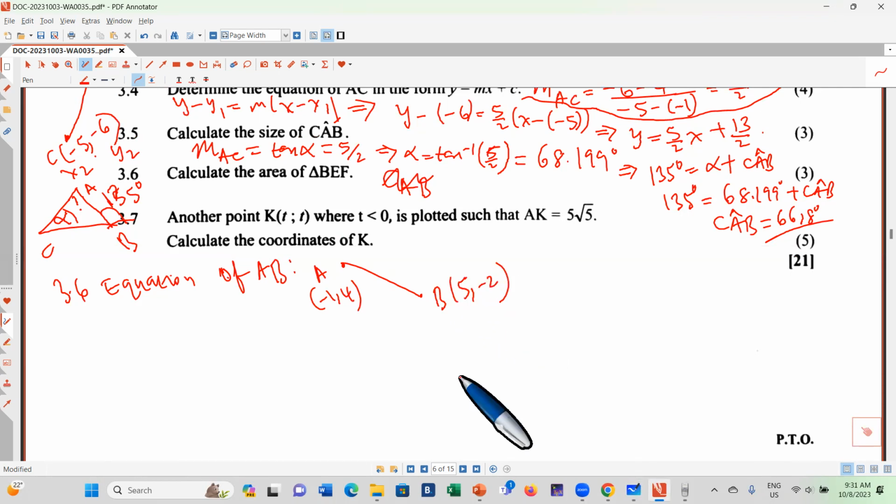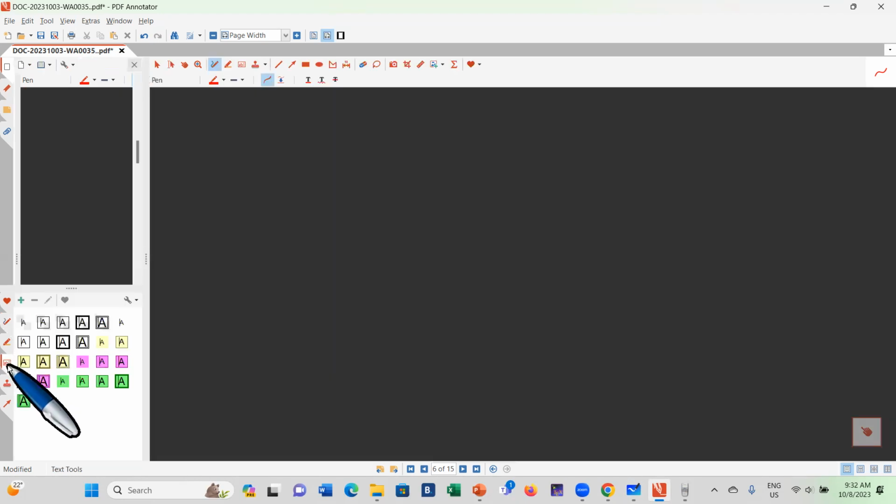How do you find the equation of these? The equation is actually the gradient first. We already know the gradient is -1, so there's no need to do that.